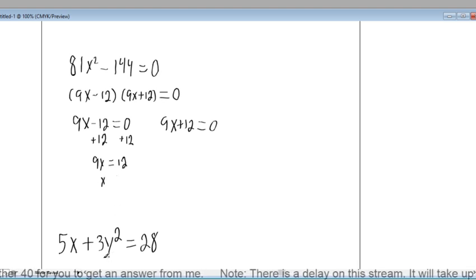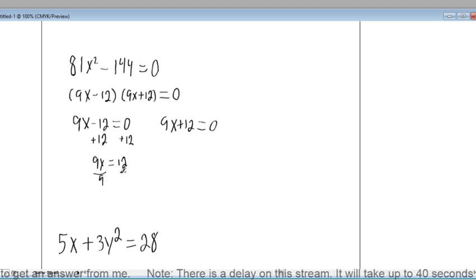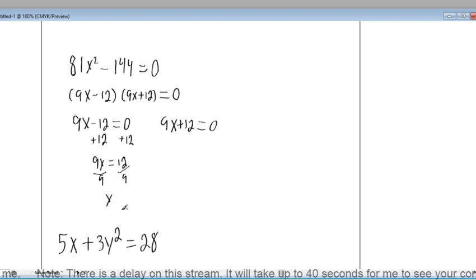That gives us x is equal to 12 over 9. Okay, well, of course, that can be reduced. So what can it be reduced to? Let's see. Both of those have 3 in common, so that would be 4 over 3.